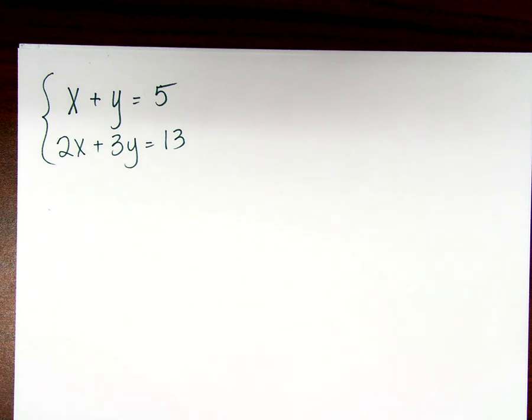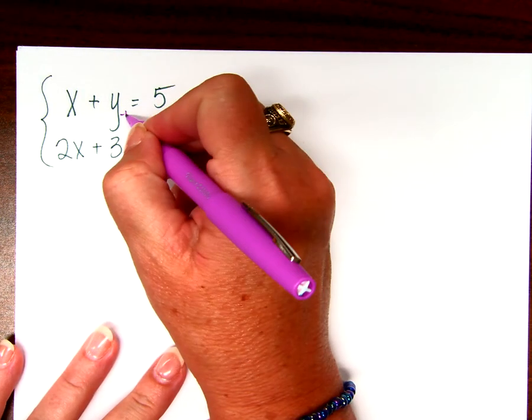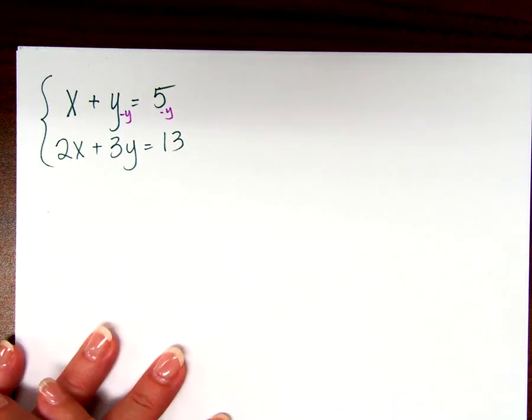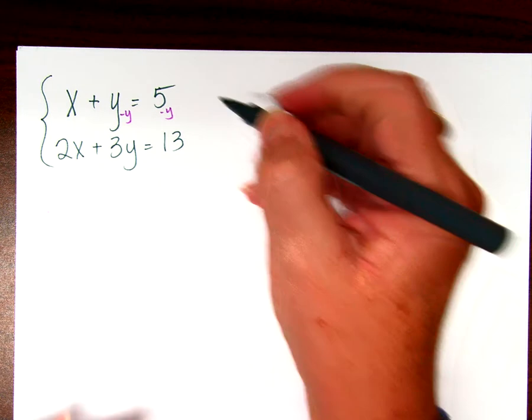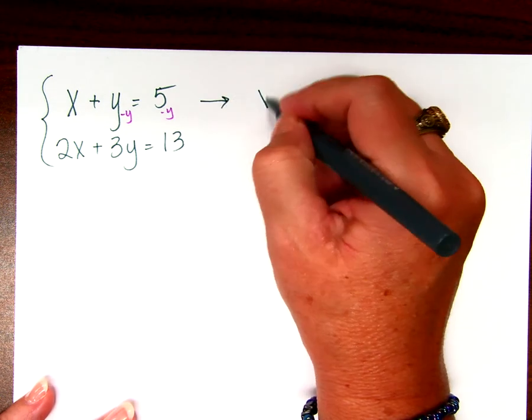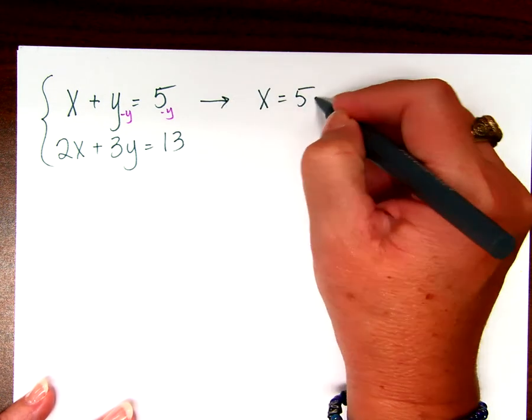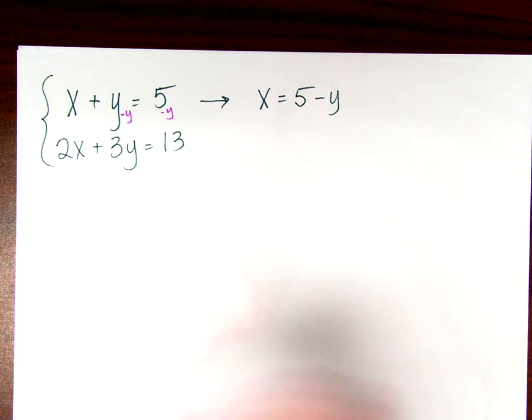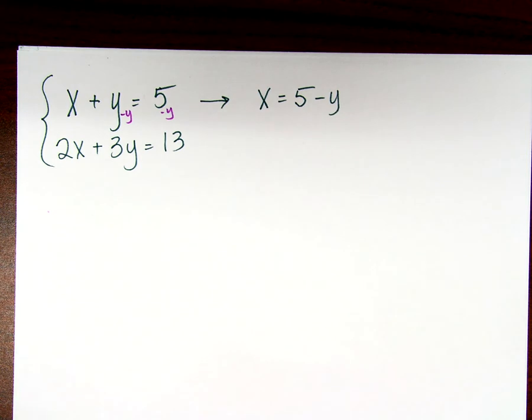So if I'm solving the first equation for x, what do I do? I subtract y from both sides, right? When I subtract y from both sides, what I get is x equals 5 minus y. Now some people freak out because this isn't in slope-intercept form, right? I never said it had to be in slope-intercept form, right?